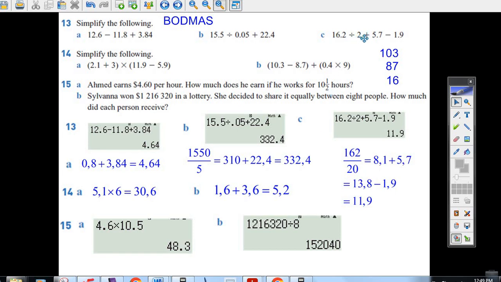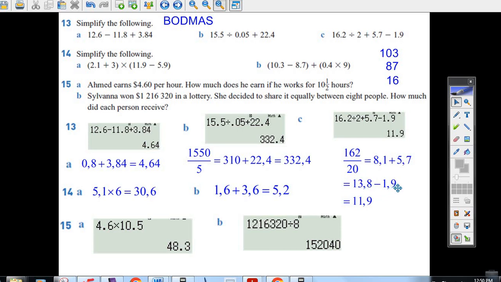The next question, you're supposed to do division first. 16.2 cut in half, divided by 2. Well, you could say, I think maybe 16.2 divided by 2. Just take half of it. It's 8.1. Even easier than the way I was thinking here. Then just add 5.7. 8 and 5 is 13. 1 and 7 is 8. 13.8.